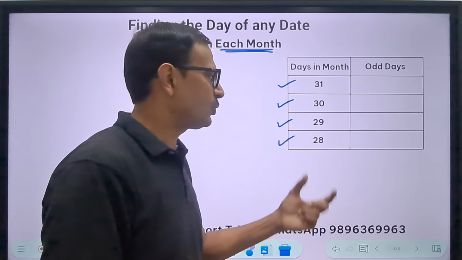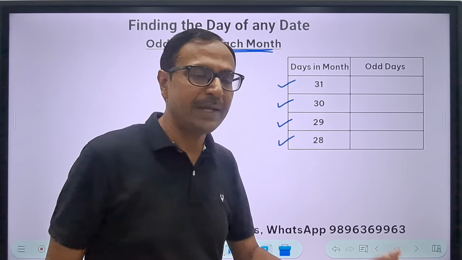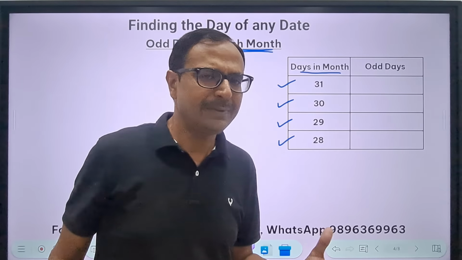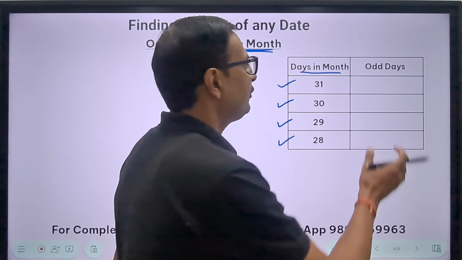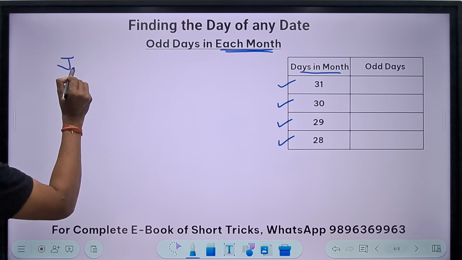A normal year will have 28 days in February and a leap year will have 29 days in February. So days in a month can only be these four numbers, right? That's an easy concept.